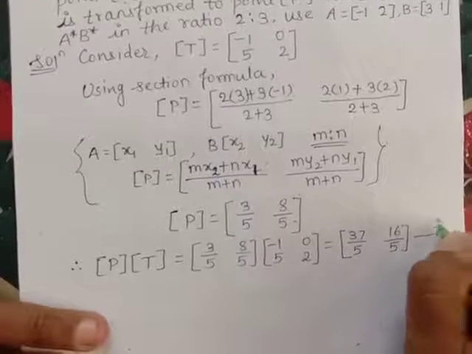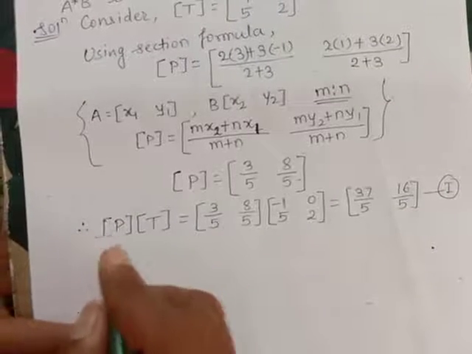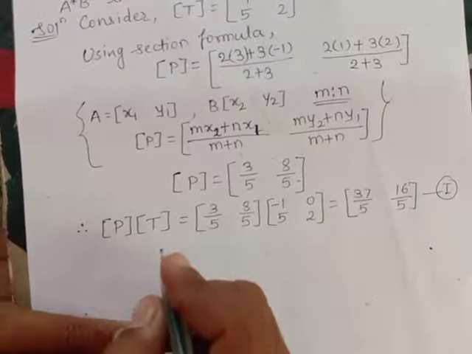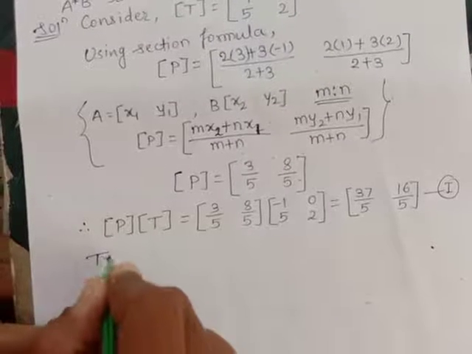Call it equation number 1. Now let's obtain the line A star B star, the transformed line, by applying T on the previous line AB.